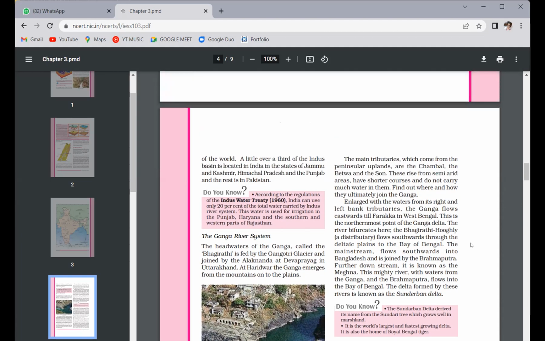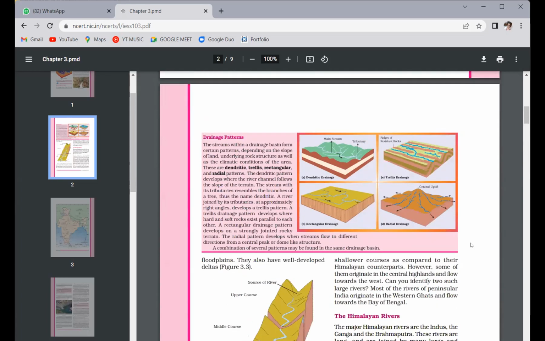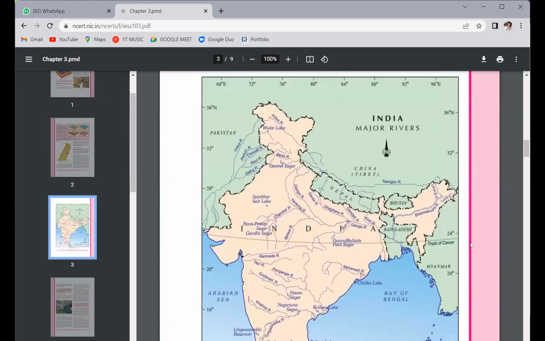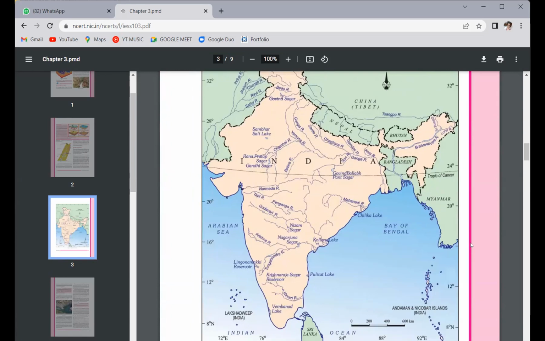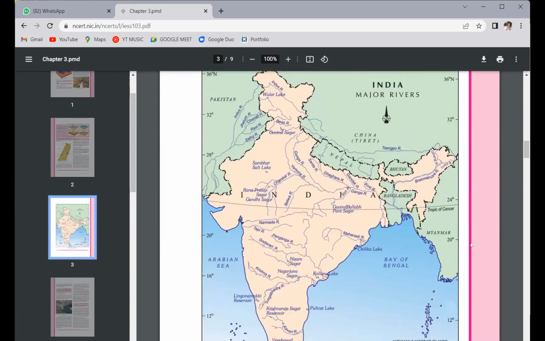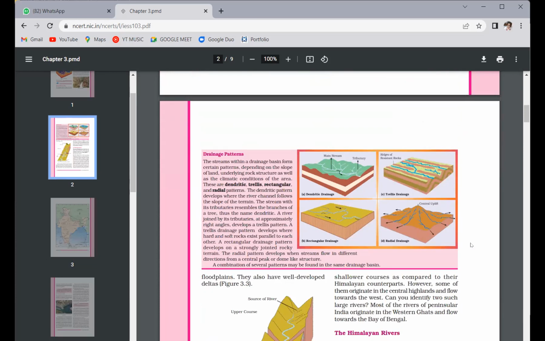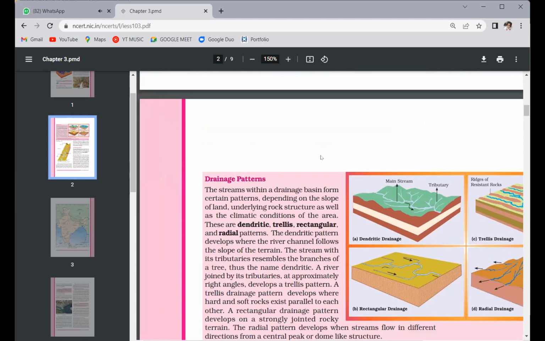Wait, I'll show you the figures. This is figure 3.3. They are talking about 3.4, right? This is major rivers. Now, before we read about this pattern, can any one of you read the drainage patterns? Ma'am, in our book, this is not there.